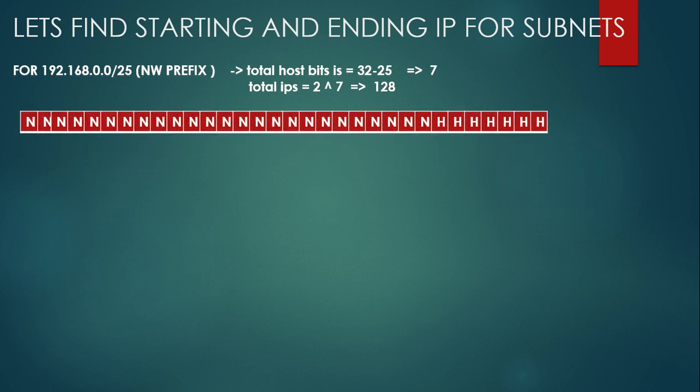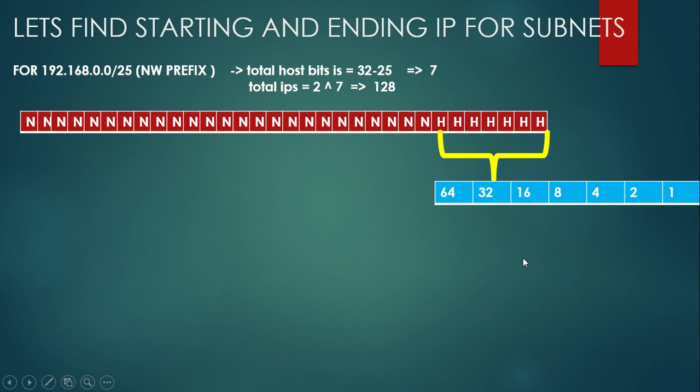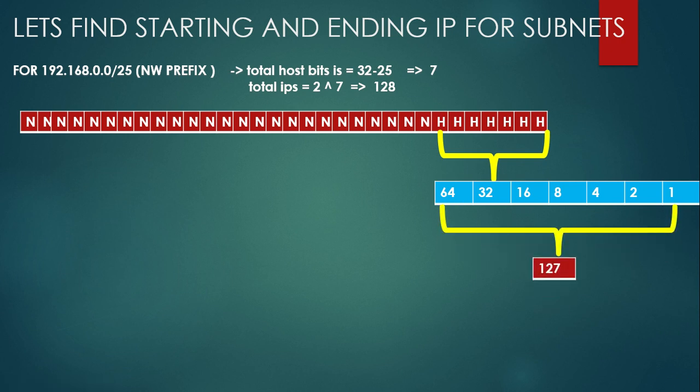I have 32 bits for each IP address, and among these I want only 7 host bits. If you count this, I get 1 plus 2 plus 4 plus 8 plus 16 plus 32 plus 64. The total value of these host bits equals 127. This is the end IP address of the subnet.